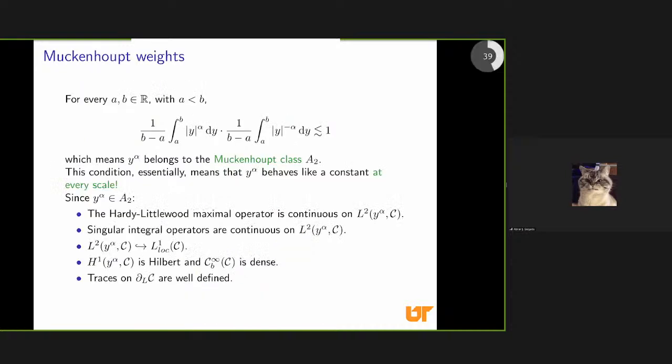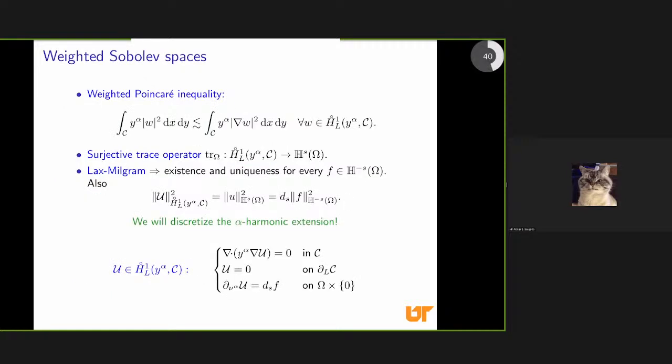But this can be handled by some theory of so-called Muckenhaupt weights. I don't want to get into details there, but the point is that everything works. This alpha harmonic extension is under control, and so we can discretize. So this problem, this is a cylinder, the original domain times 0 to infinity. Alpha is 1 minus 2s. s is a number that we know. So this is the problem that now we need to deal with.